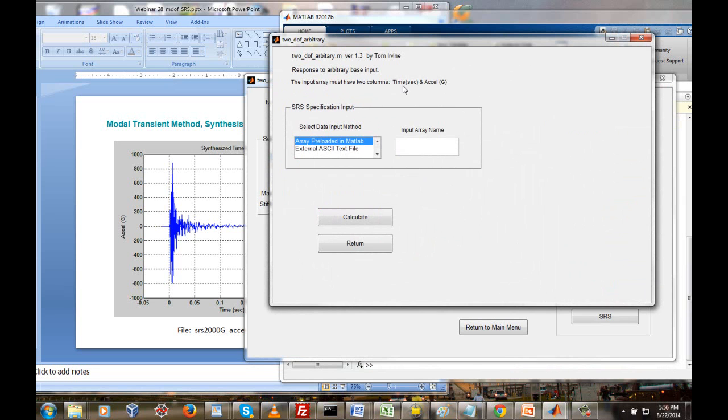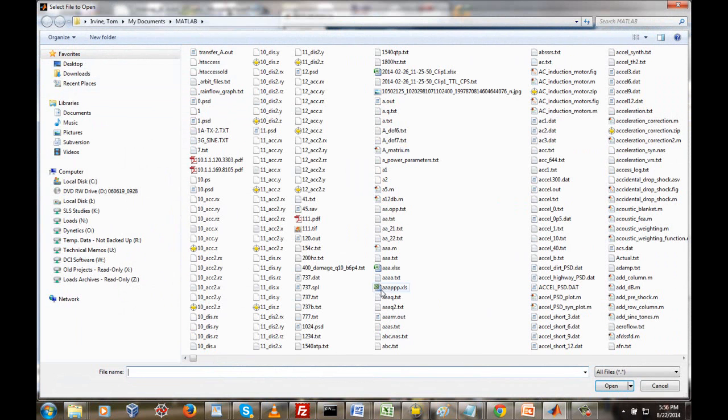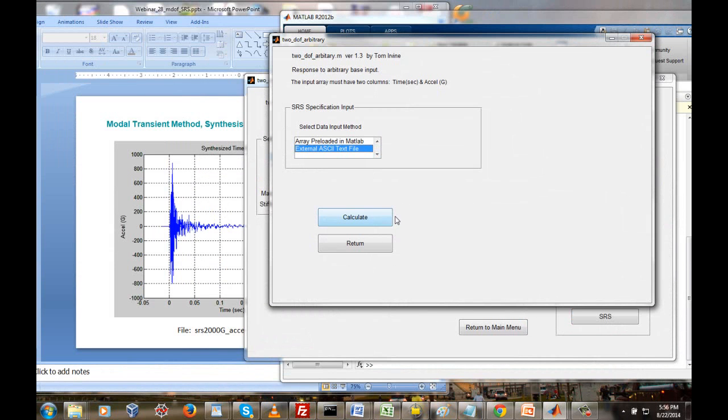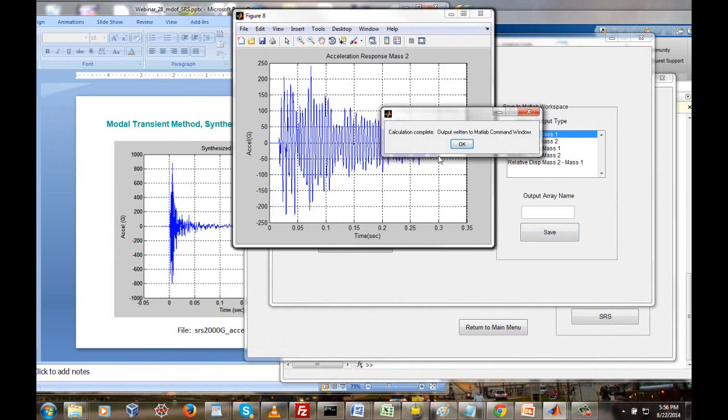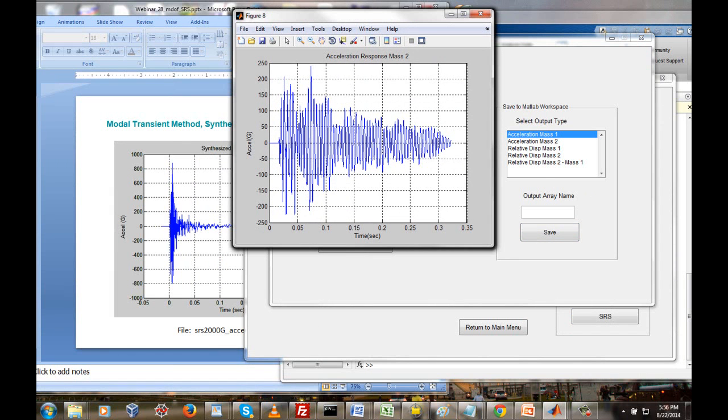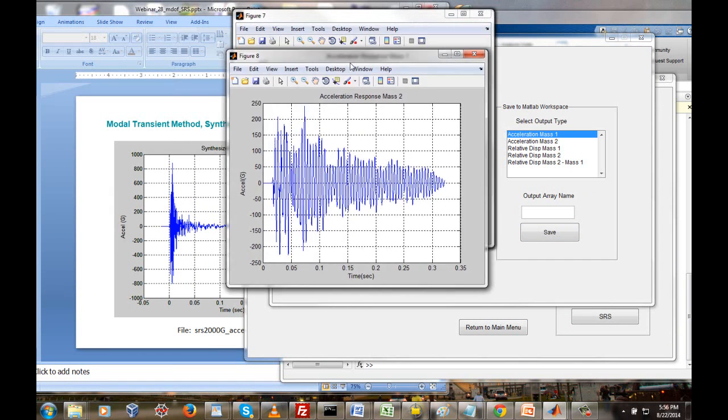The input array must have two columns, time in seconds, acceleration in G. So we have an external ASCII file, and it's that 2000G synthesized waveform. And once we've called that in, we can just go ahead and do our calculation. Get a whole series of plots, and I think there's going to be something on the command window as well.